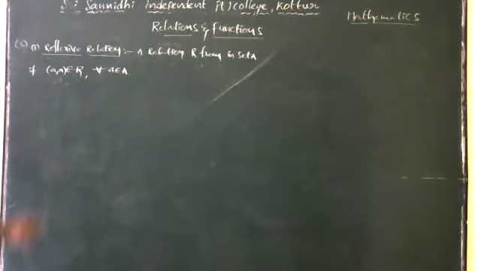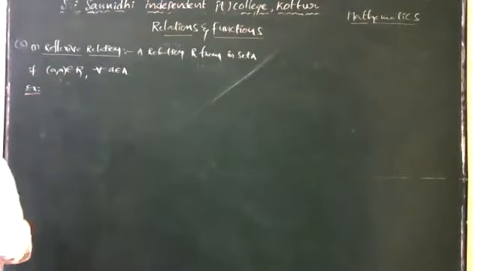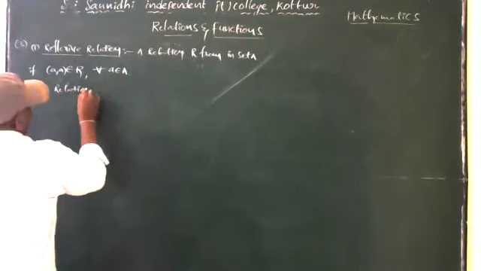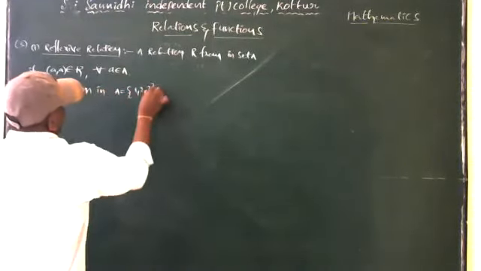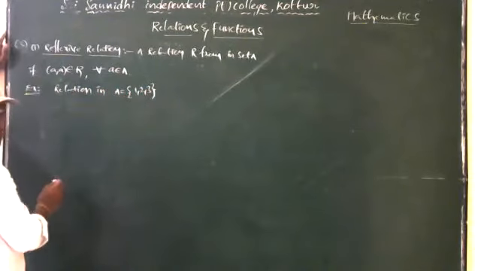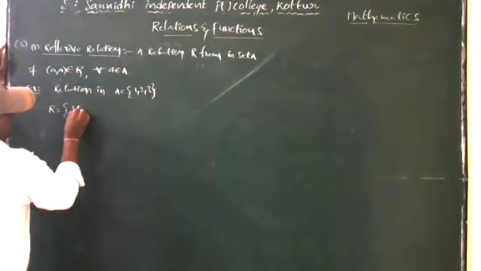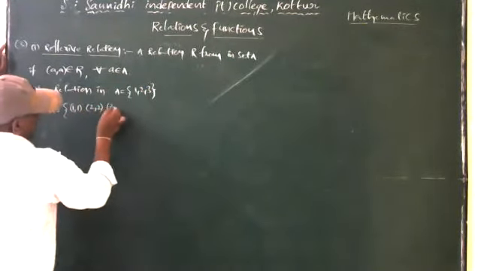For example, if you observe an example, a relation on set A equal to {1, 2, 3}. When it is called a reflexive relation, we define the relation in set A. Here, we write the relation like this: (1,1), (2,2), (3,3).